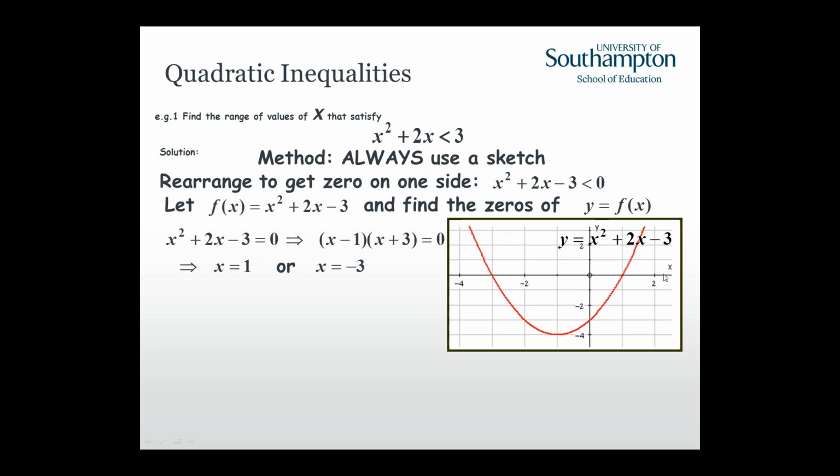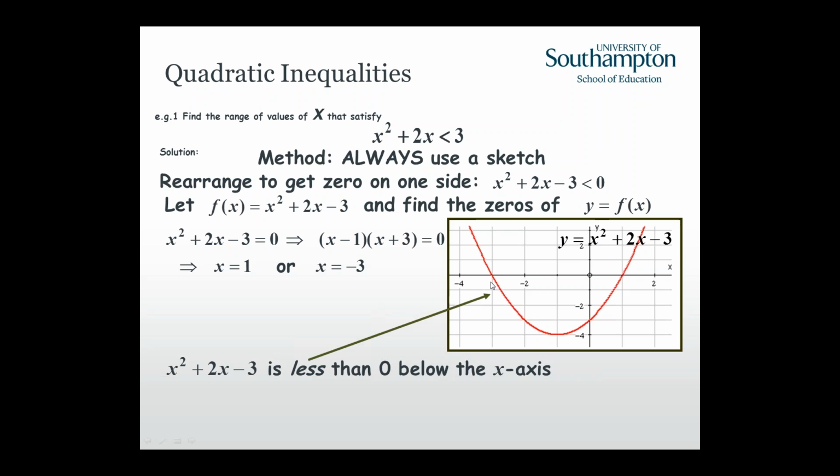So we want the bit of the graph that is under that, not touching as well, so it's not the equals, it's just under. So that is between minus 3 and 1. So our range of values which satisfy this original inequality is less than 0, below the x-axis.